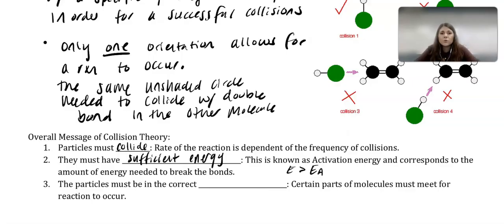We need to have energy that's greater than the activation energy, okay? Because that is the energy needed to break those bonds to help us form new ones. And lastly, the particles must be in the correct orientation. Here, certain parts of molecules must meet for the reaction to occur. So different parts of that molecule compared to the other one have to collide as well.